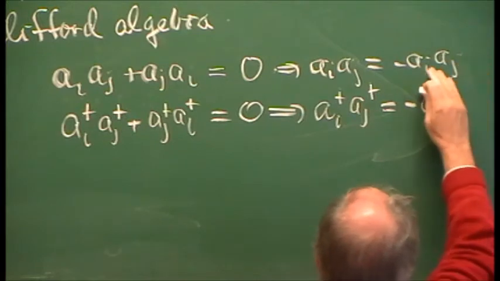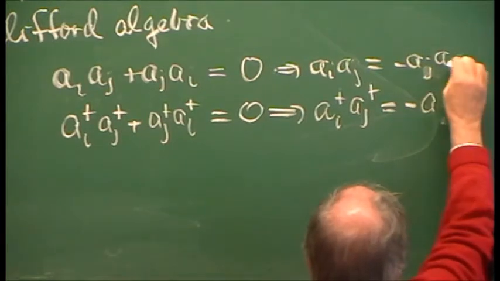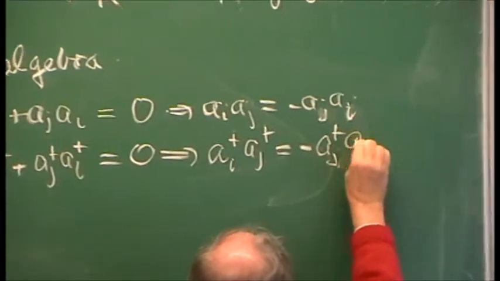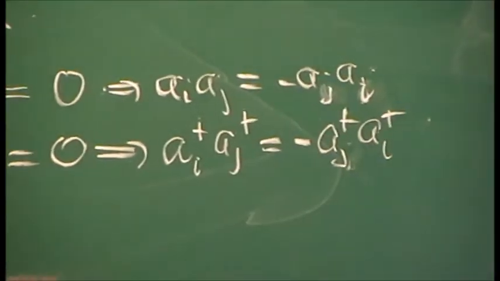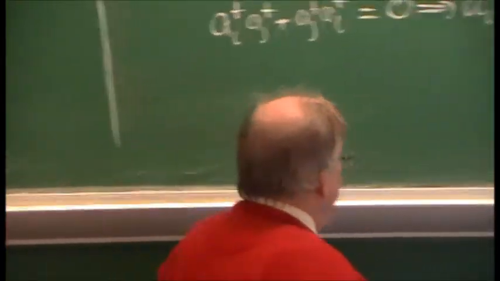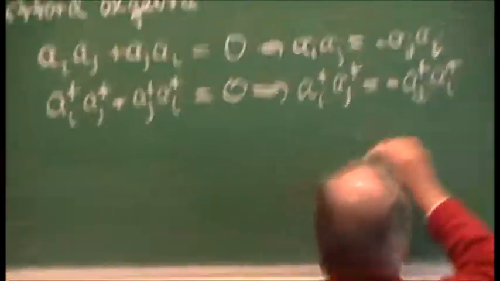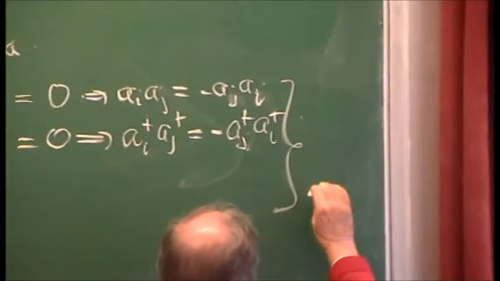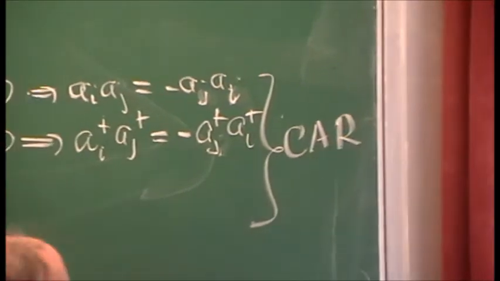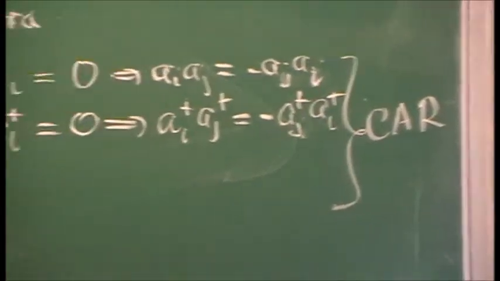Oh, did I do something wrong here? I did something. I'm sorry. Of course I meant exchange. And for this reason, we call these relations here, plus the third one that I'm going to discuss, the canonical anti-commutation relations.